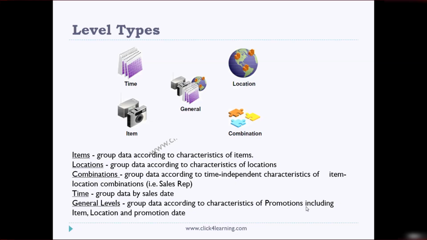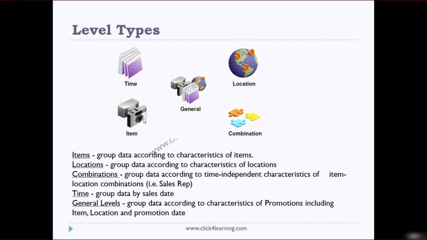Now, what are the different level types? The first one, which is pretty easy to understand, is item and location. Item has levels like product category or item type. Locations include organization, operating unit, business group, legal entity, customer account.